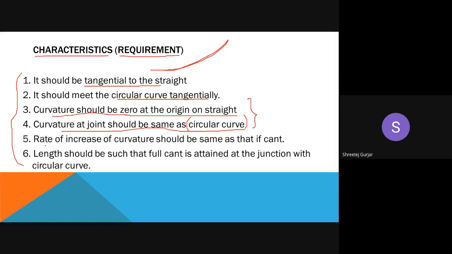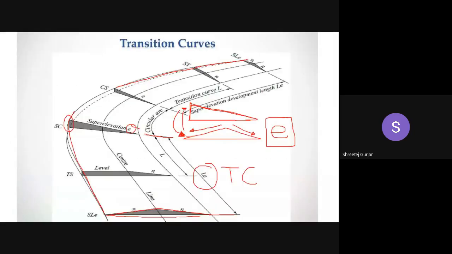Now coming to the fifth point, the rate of increase of curvature should be the same as that of cant. So what is cant? It is nothing but super elevation, another term used for super elevation. In this particular image, you can see we have slowly raised the outer edge.